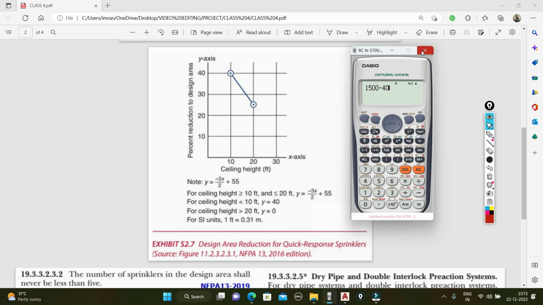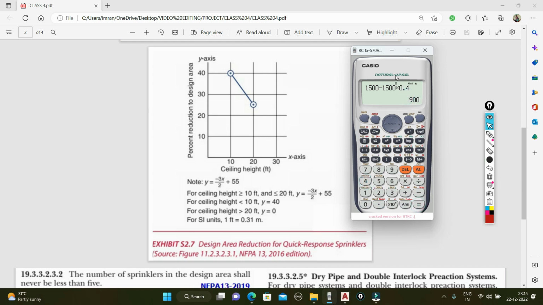It means 1500 minus 1500 multiplied by 0.4, which is 900.